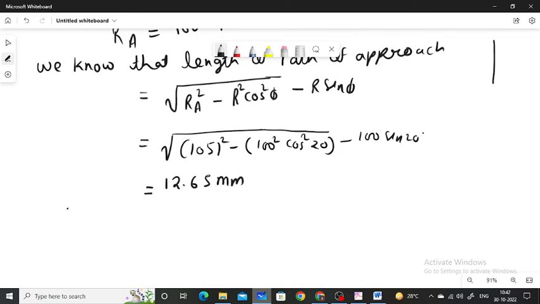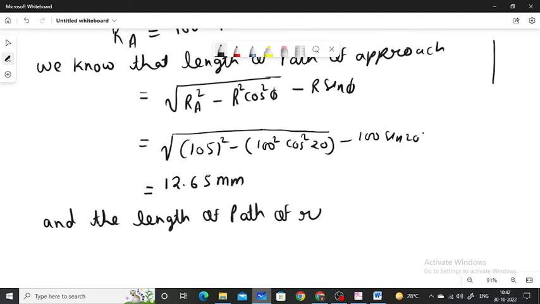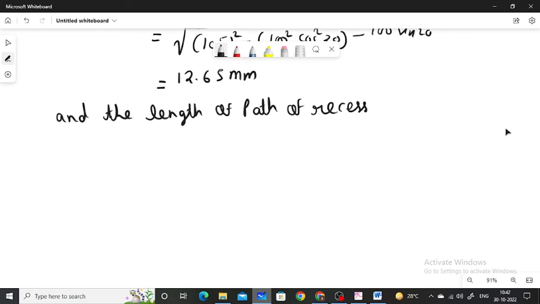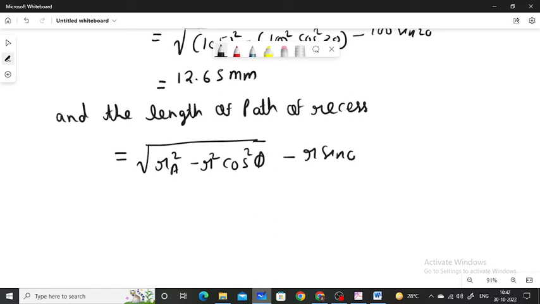and the length of path of recess will be equal to the under root RA square minus R square cos square phi minus R sin phi.